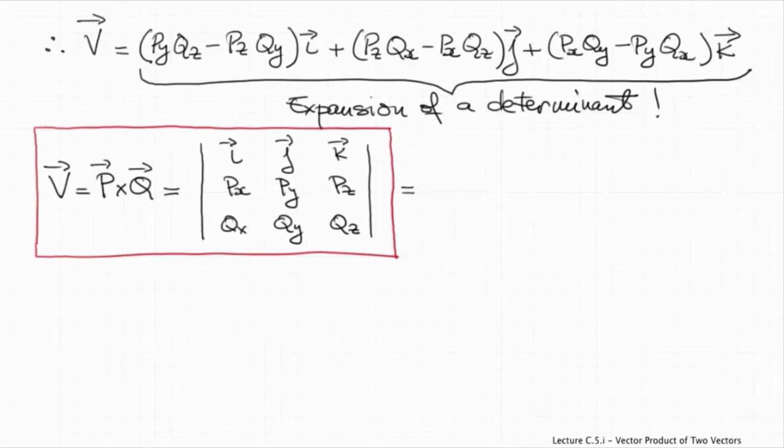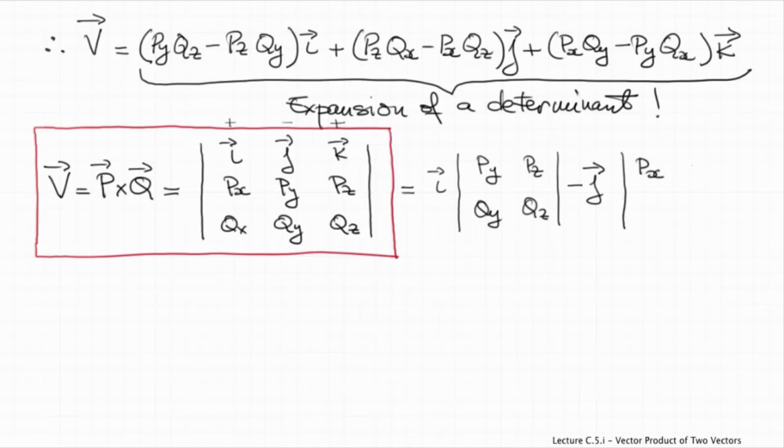Now, how do we expand this determinant to get the above relationship? Well, there are different ways of doing it. I'm going to show you the one where you factor out the top line with alternating signs. So we factor out i, and then we end up with a smaller determinant, py, pz, qy, qz.